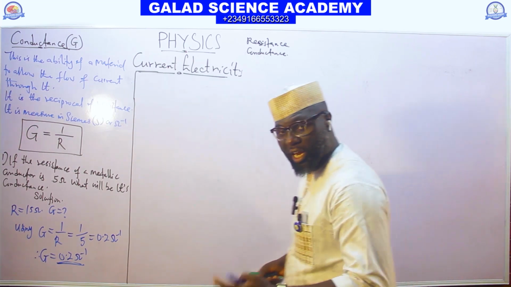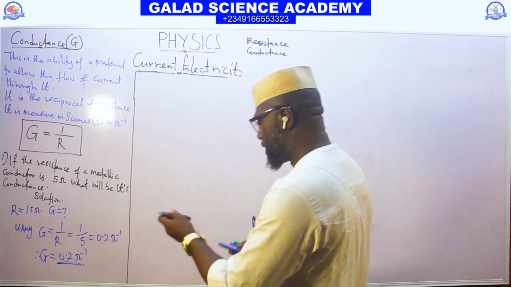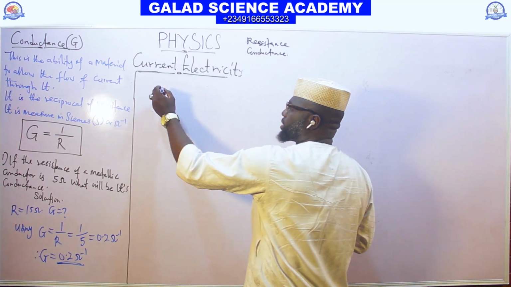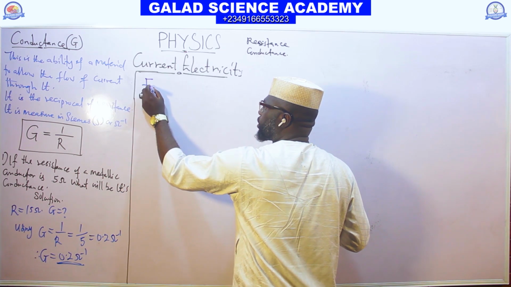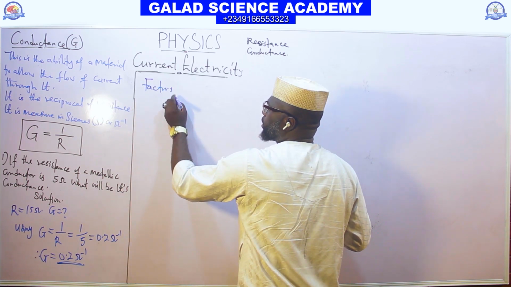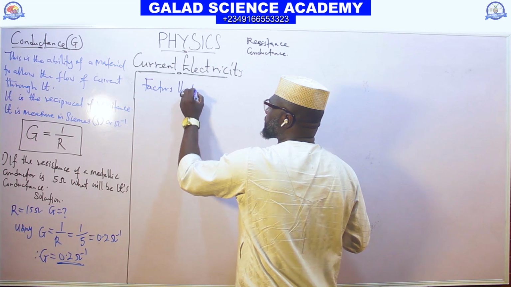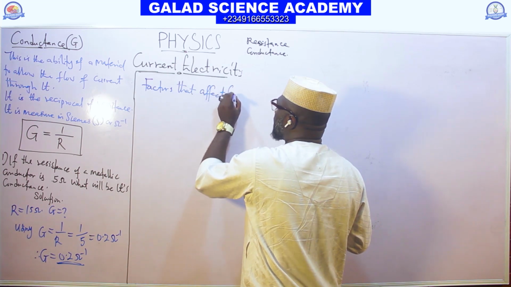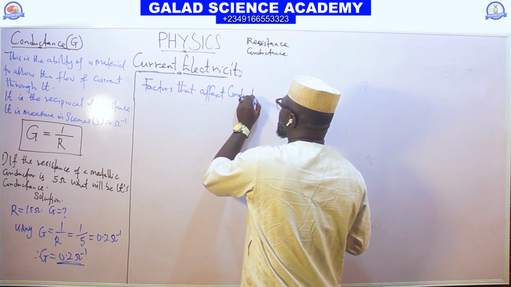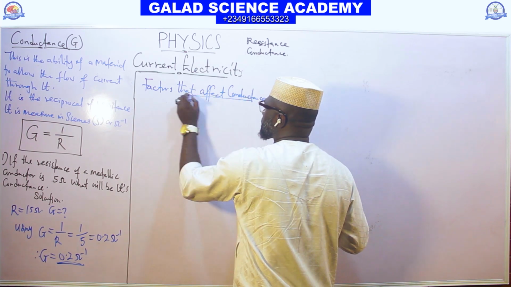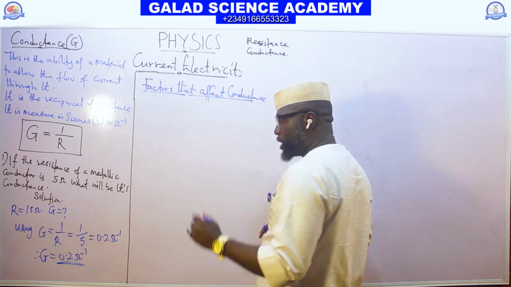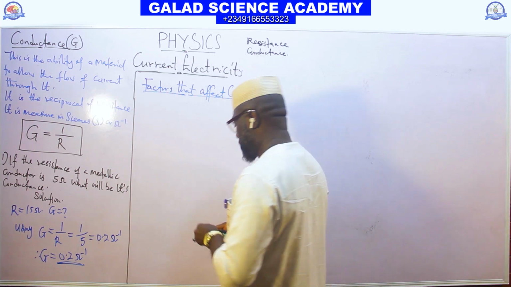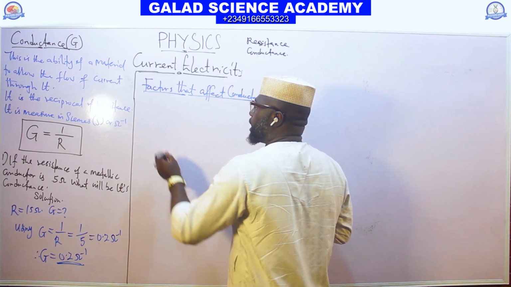The next thing is the factors that affect resistance, and then we also have factors that affect conductance. The factors that affect conductance are almost similar to the factors that affect resistance.